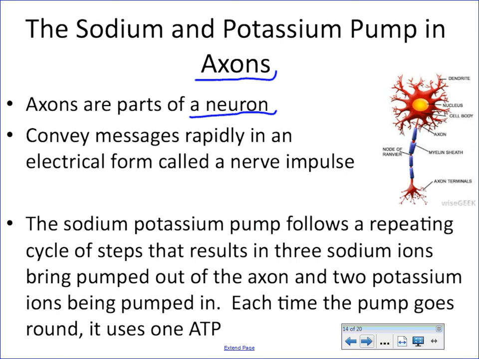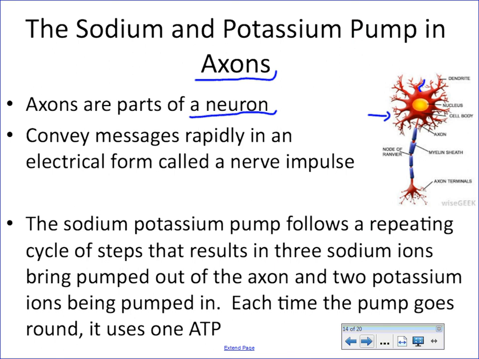So a neuron makes up those cells as part of our nervous system. They send information in the form of electrical signals. The structure of a neuron is shown in the diagram. It's the blue arrow.